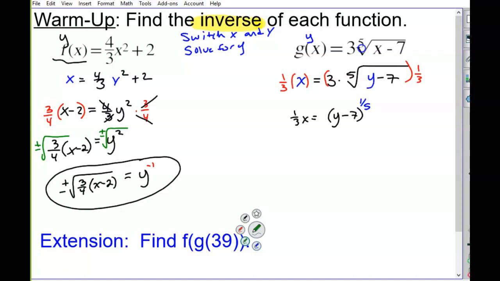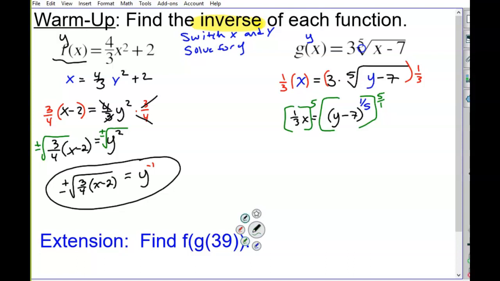Now, keep in mind this y minus 7 is protected right now. It's protected because it's under the radical. So I'll need to undo that 5th root by raising it to the reciprocal power and raise both sides to the 5th power. You could write it as 5 or 5 over 1.